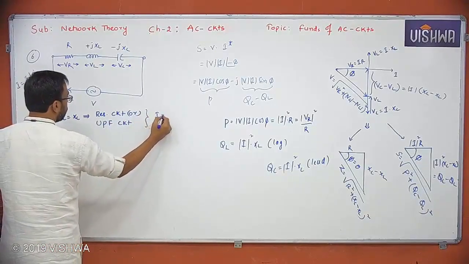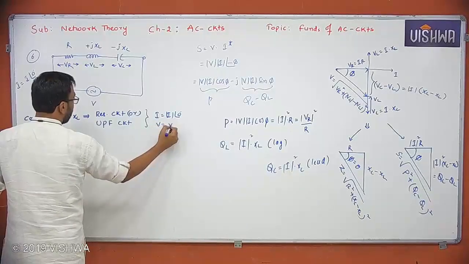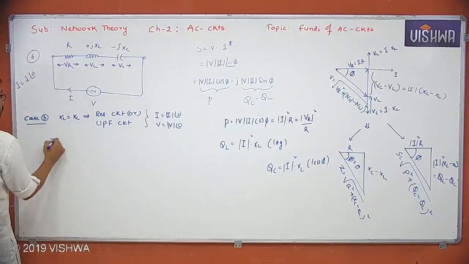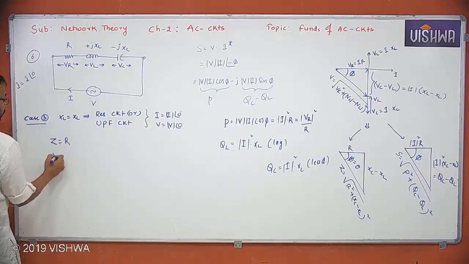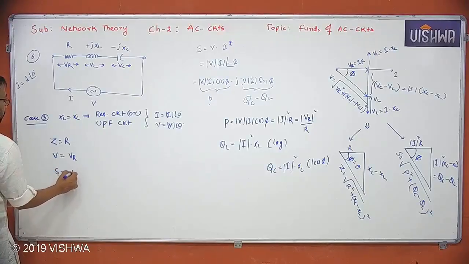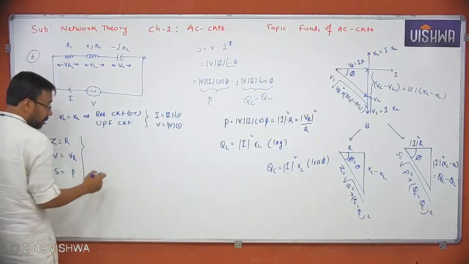When I is equal to I at an angle of 0, then V will also become V at an angle of 0. Yes or no? Z becomes R, V becomes VR, S becomes P. Right? No imaginary part at all.